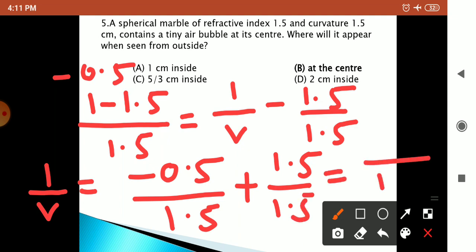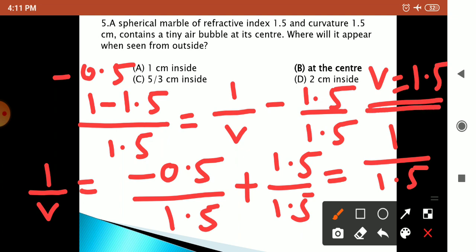The common 1.5 is in the denominator, and this gives 1.5 minus 0.5, which becomes 1. So v from this is equal to 1.5, which is the same as the center distance. So that air bubble will be observed at the center. Option B.